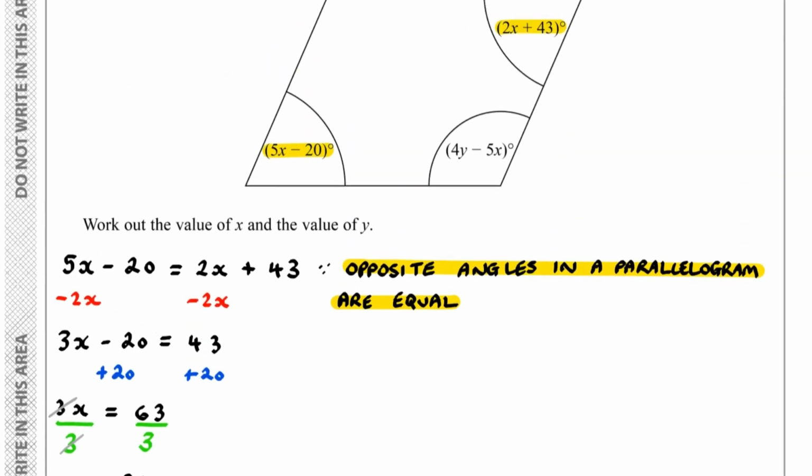Now what we can also see is that the co-interior angles here add up to 180.